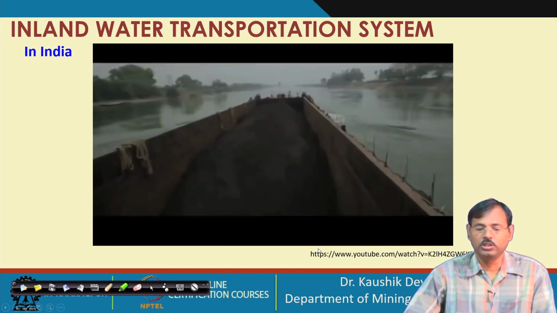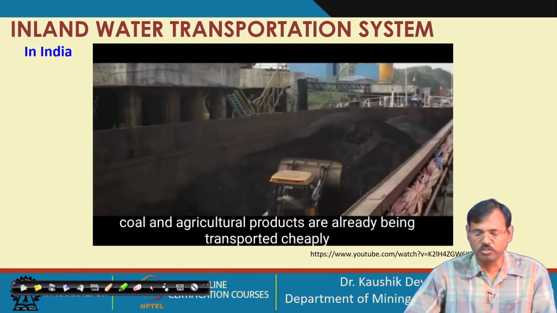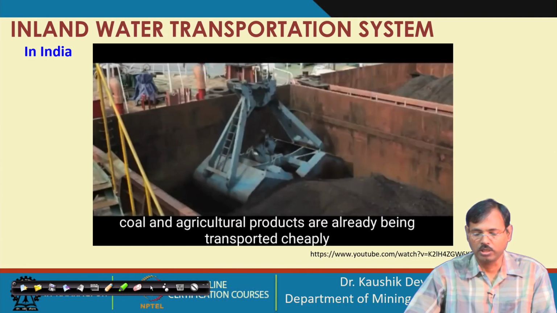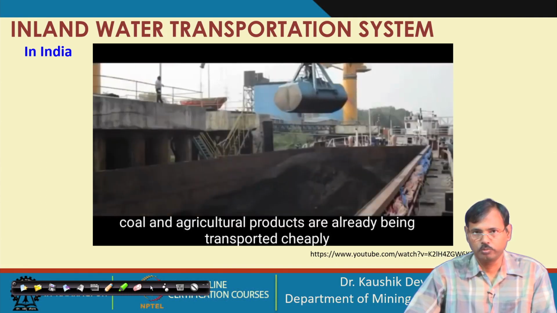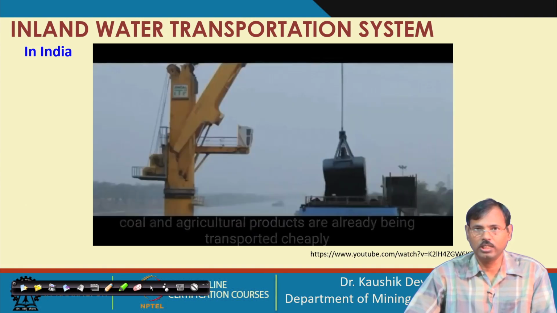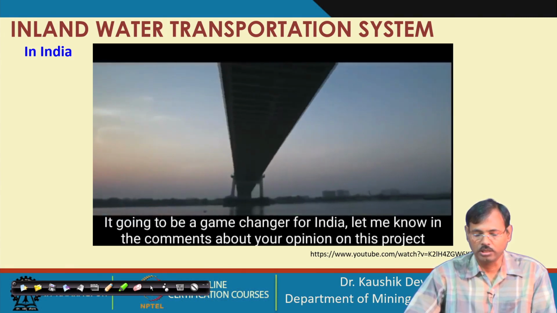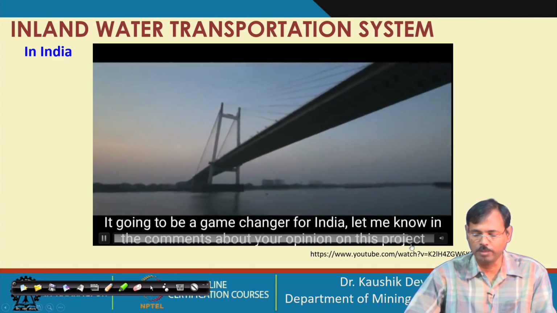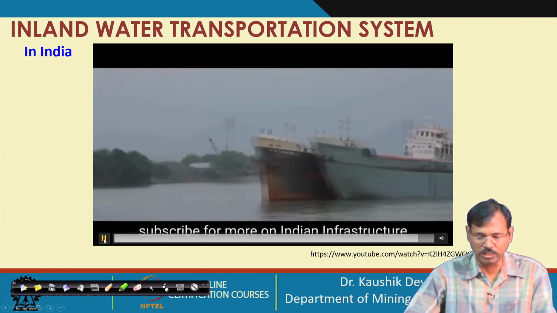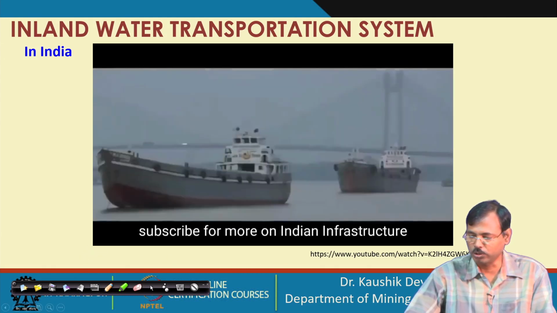In fact, with this development, it has facilities so that the Singrauli coals are suitably transferred through this channel, as well as the coal received in the Haldia port, Indonesian coals and Australian coals, which can also be transferred through this inland water system up to Varanasi. So, that is the benefit of this inland water transport system.